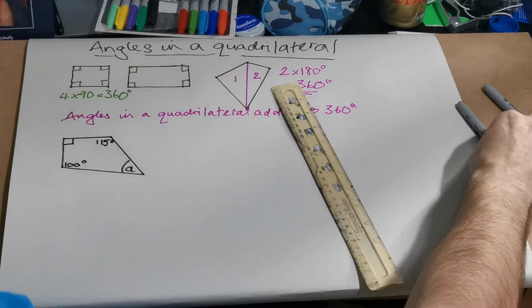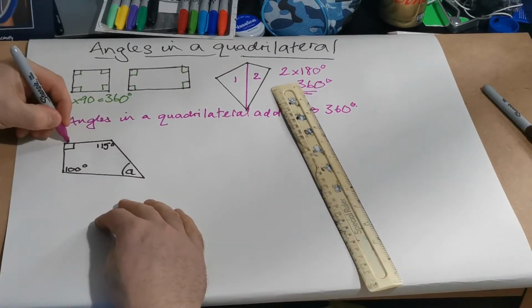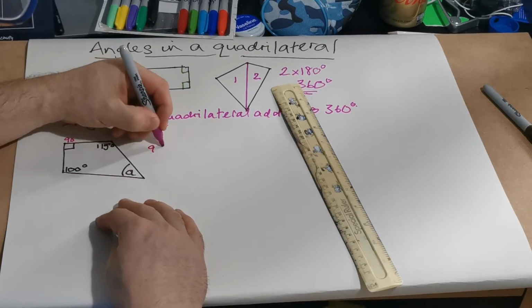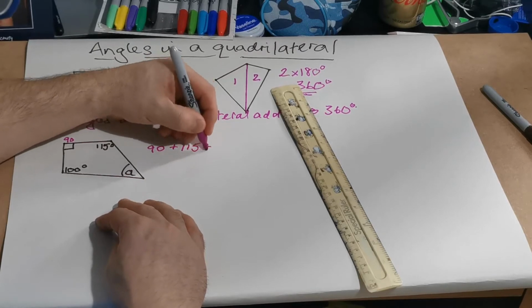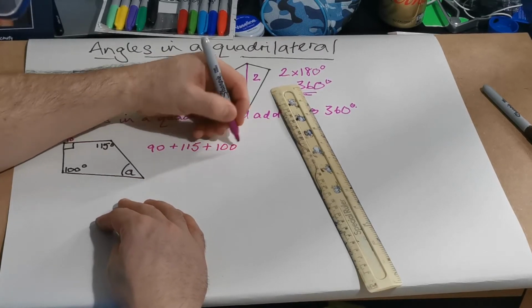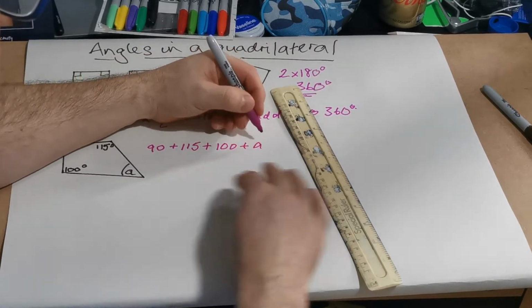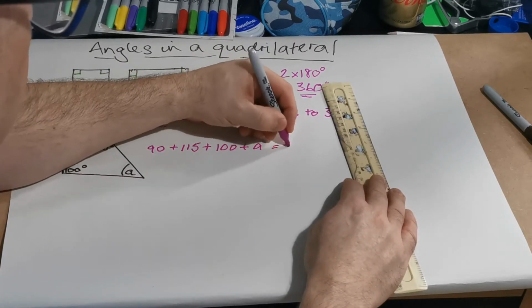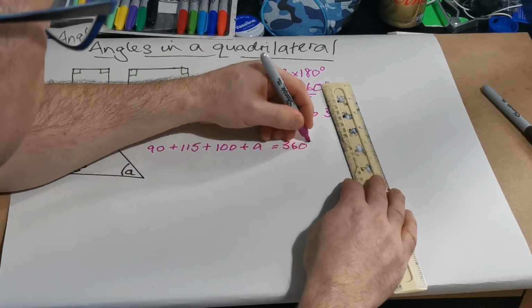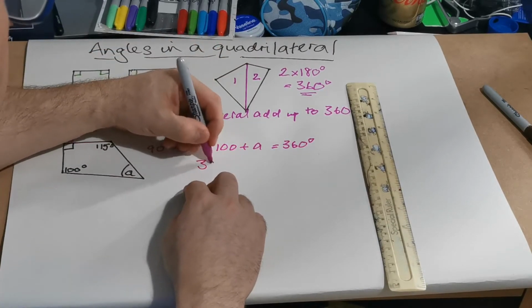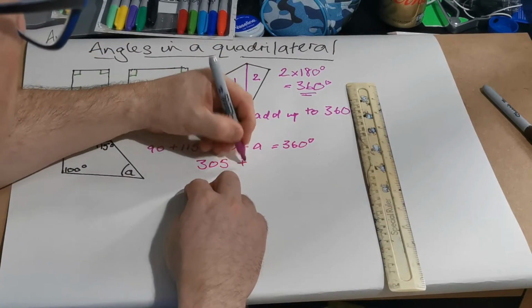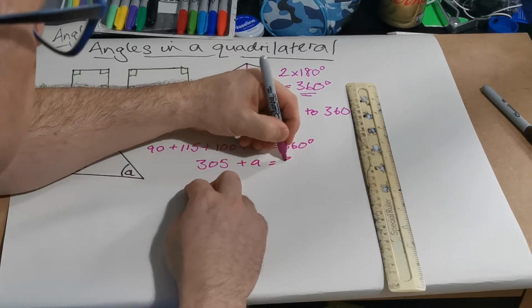So what you would know is this one is 90, so you'd have 90 plus 115 plus 100 plus A is equal to 360 degrees. Now if I add all these up, I get 305 plus A is equal to 360.